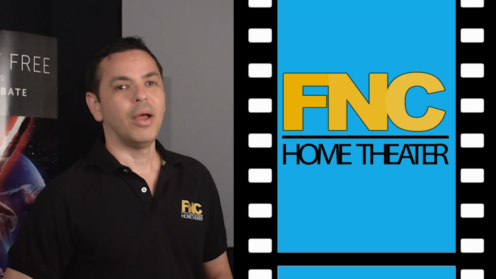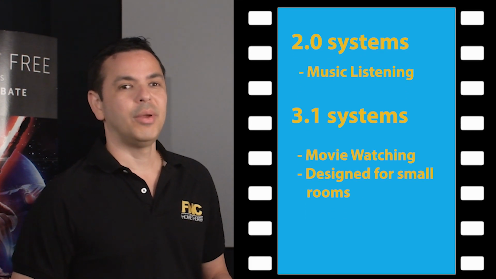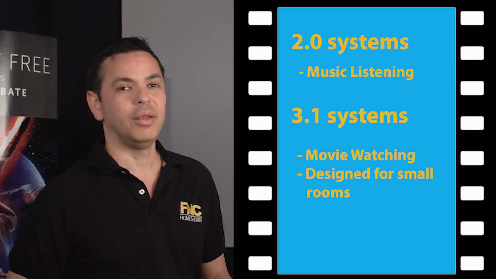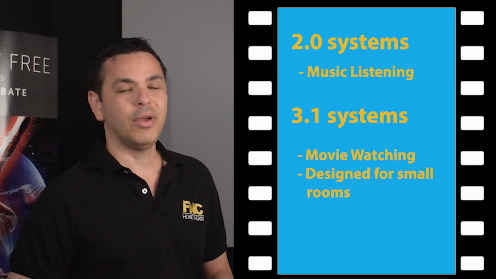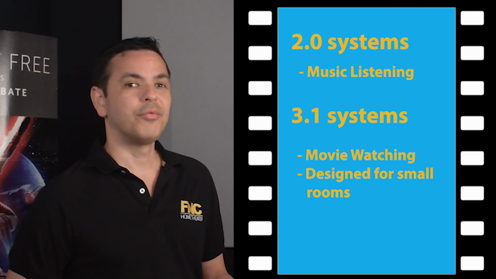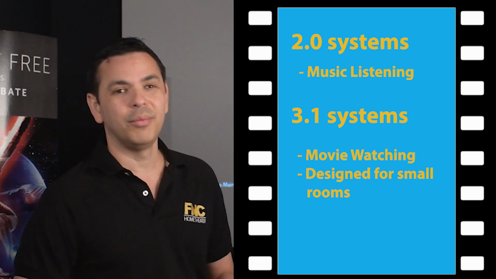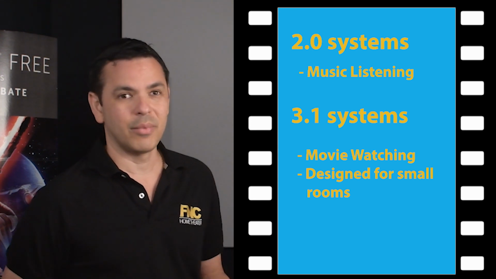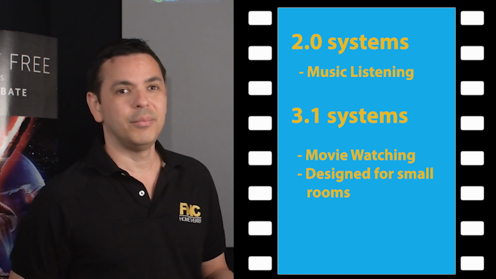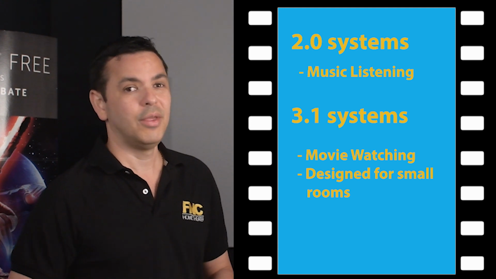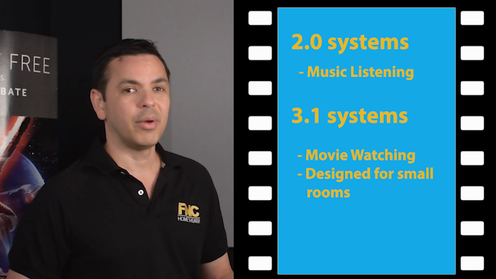To recap, a 2-channel system is recommended for music listening. A 3-channel system is great for movies in a small room. It could be a small TV room, or it could be a bedroom, and sometimes living rooms as well. Definitely better than a soundbar.